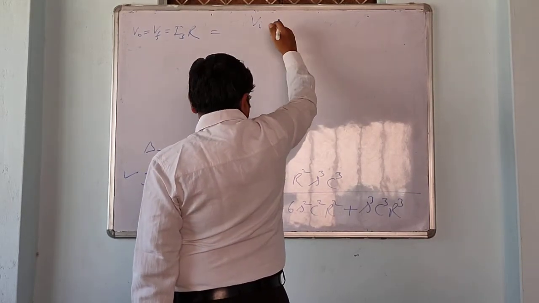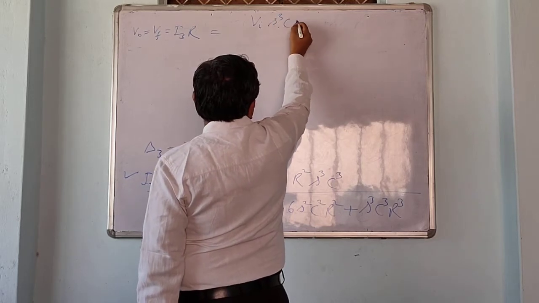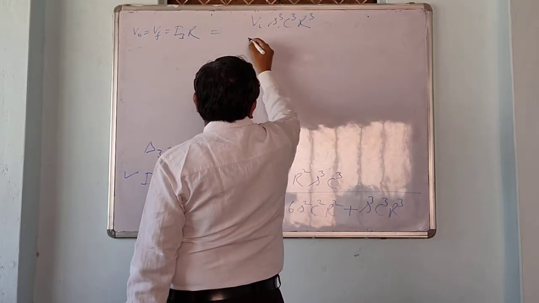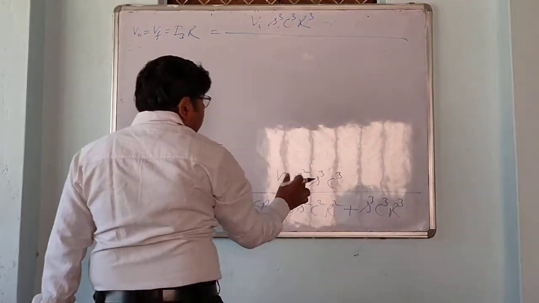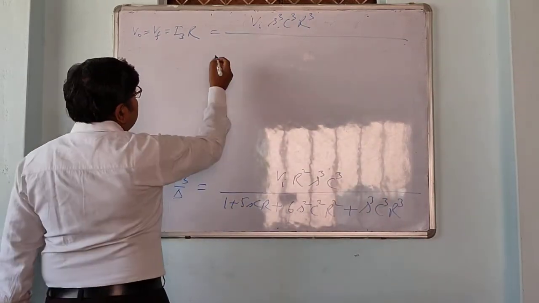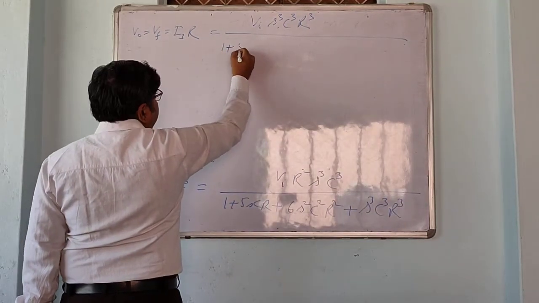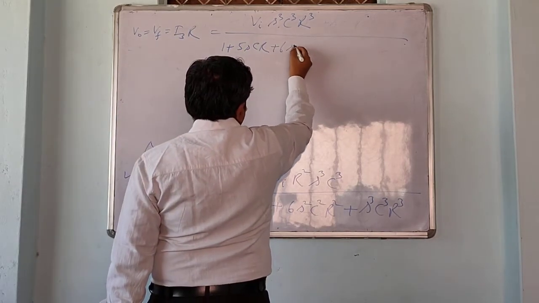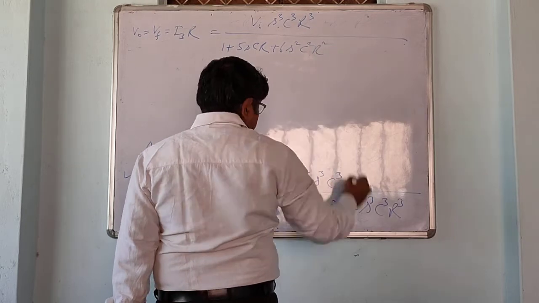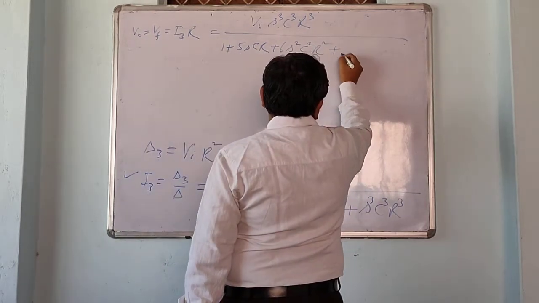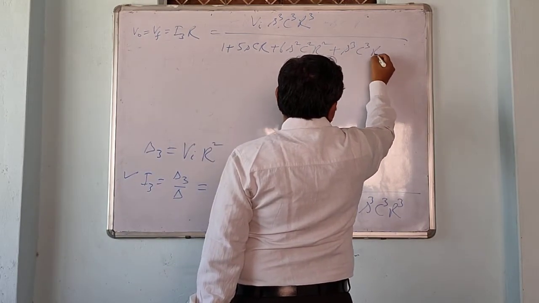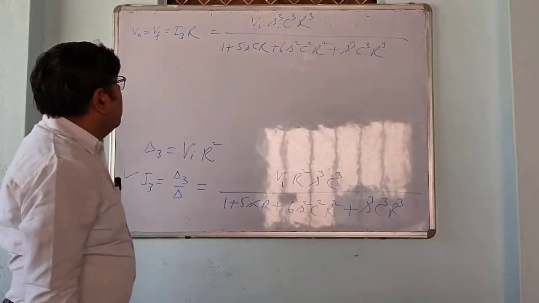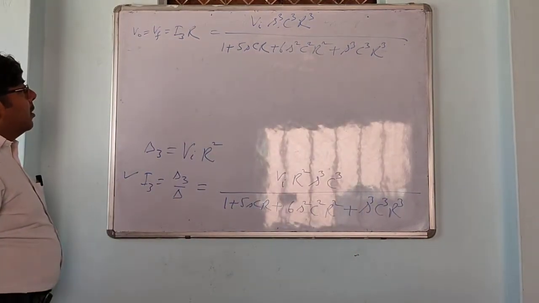So you can write like this, S cube C cube R cube. Due to symmetry, you can write like this: 1 plus 5 SCR plus 6 S square C square R square plus S cube C cube R cube. So this is the output voltage.